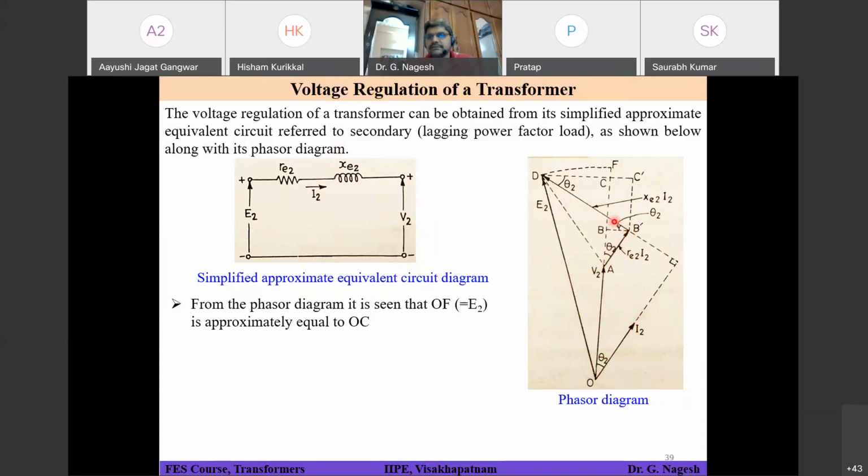That's the reason it was drawn in this fashion. The addition of all these three is nothing but your E2 phasor. So this theta 2 will be the same as this theta 2. Is it clear with this phasor diagram?